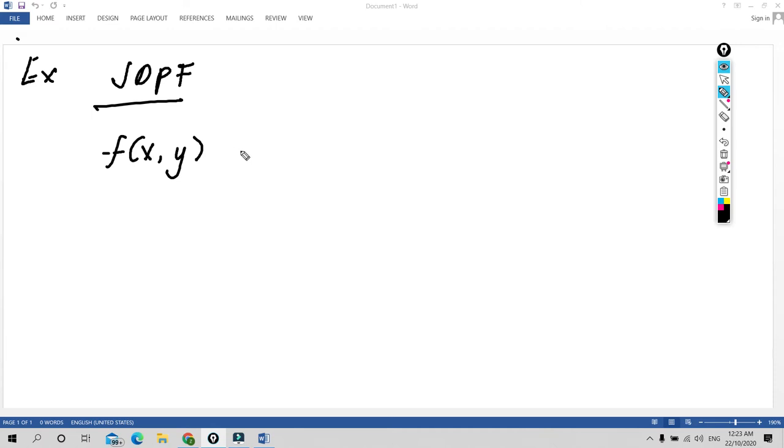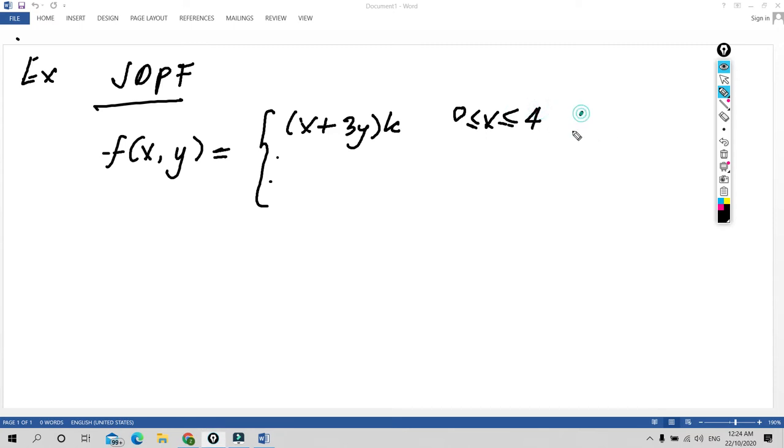So given that f(x,y) is written as (x plus 3y) multiplied by k, for x between 0 and 4, and y between 0 and 3, and 0 elsewhere.